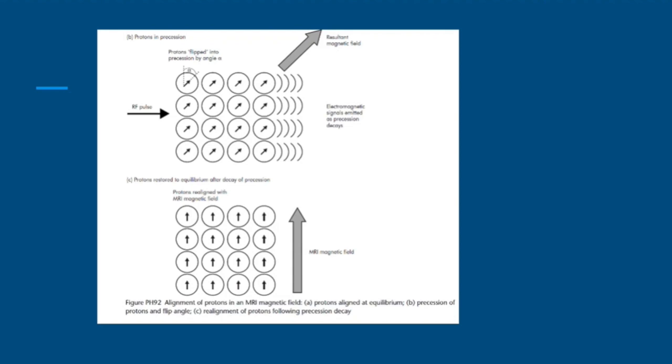The radio frequency pulse is given this way when all the original axes are aligned that way, and then it flips into a slightly different angle, and then they eventually decay. So it goes from there to there, and then eventually it decays to go back to the original alignment. And when it decays, in terms of its spin, it releases energy. The energy is detected, and images are formed from that.